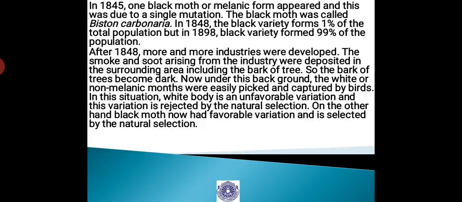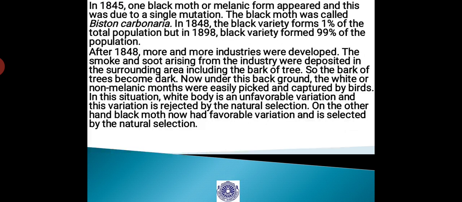After 1848, more and more industries were developed in Britain, which we call the Industrial Revolution, and the smoke and soot arising from the industries were deposited in the surrounding area, including the bark of the trees. So the bark of the trees became dark, and under this background the white or non-melanic moths were easily picked and captured by birds.